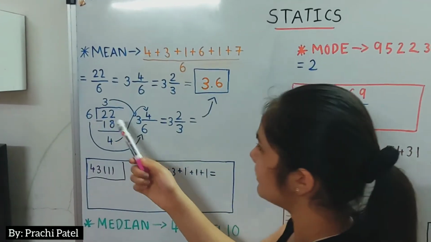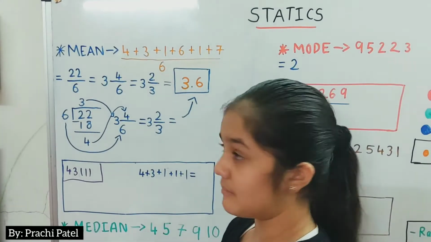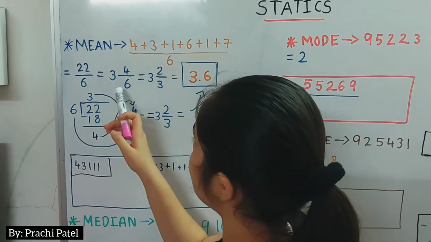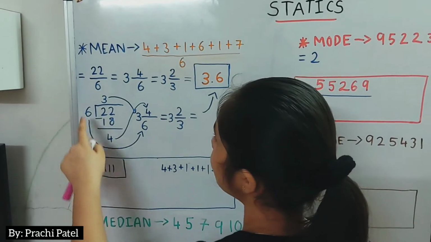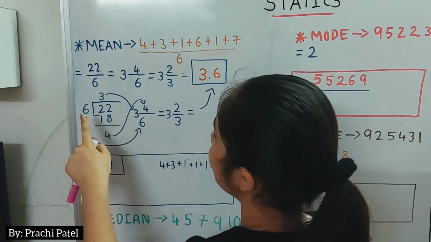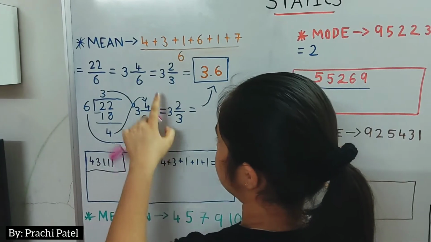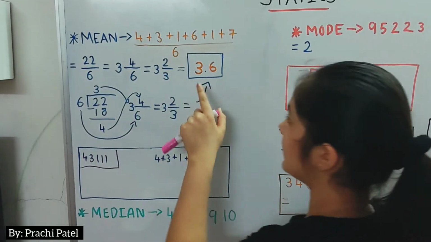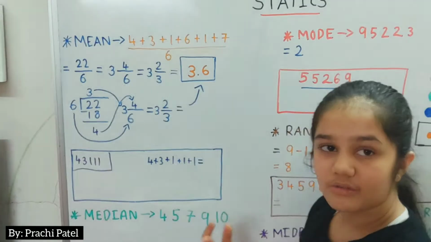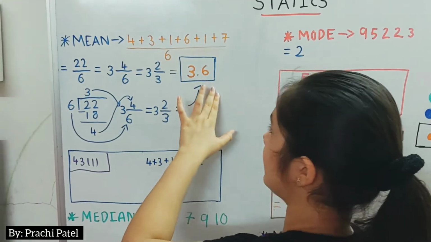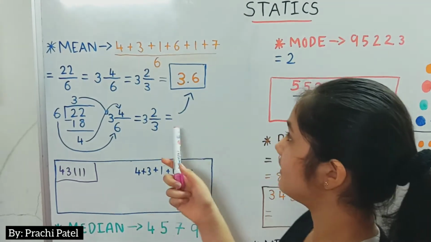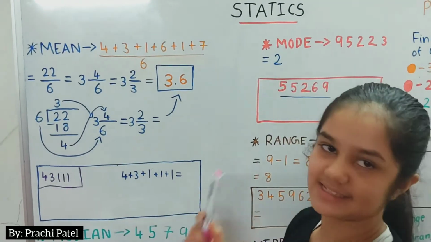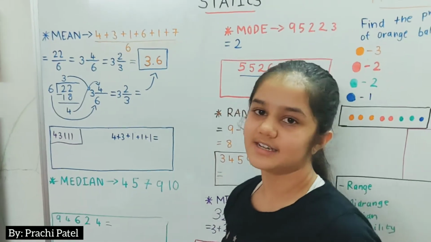When we write it as a mixed number, 6 comes in the denominator, 3 comes in the whole number and 4 comes in the numerator. When we convert it into a decimal, we get this. This answer is also right, and if we convert into decimal, that answer is right. So both answers are right.